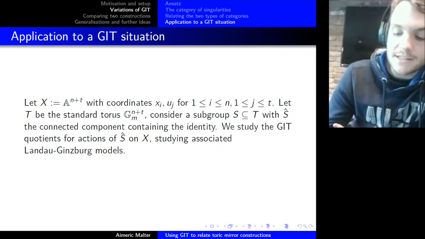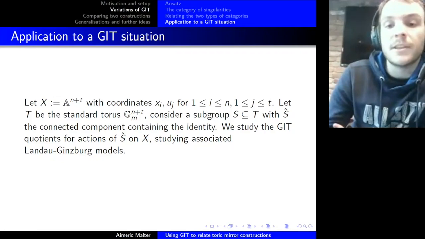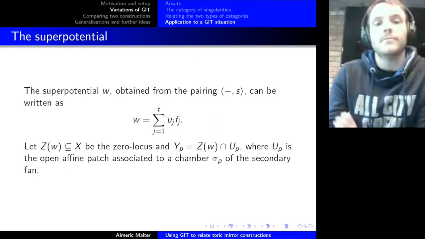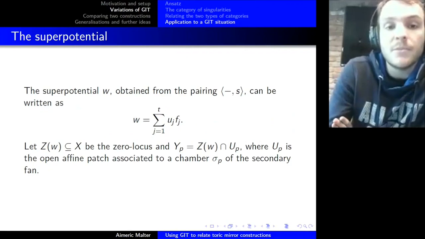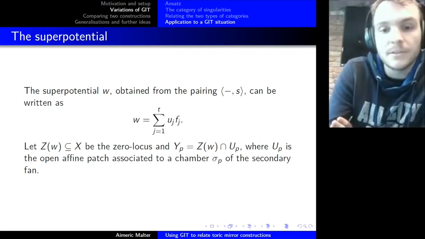One way, as an example, would be to take your favorite toric variety and construct a vector bundle on it. That way, you introduce more coordinates, which will then become the u_j, the bundle coordinates. And that's also what we will be doing. Because we're talking about Landau-Ginzburg models, which are assigned to the chambers, we need a superpotential.